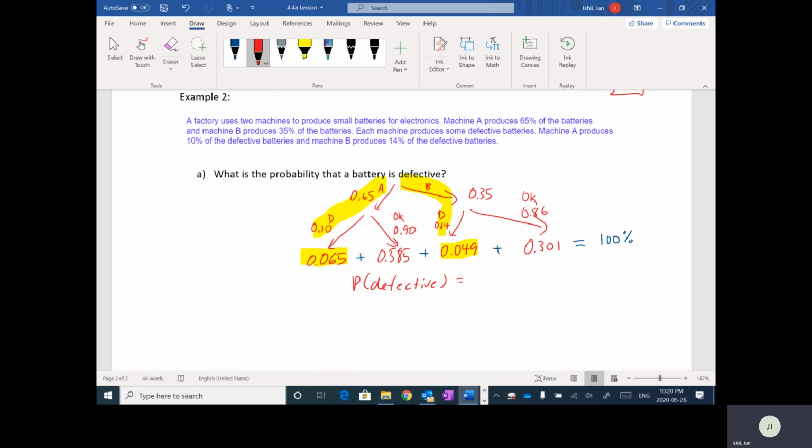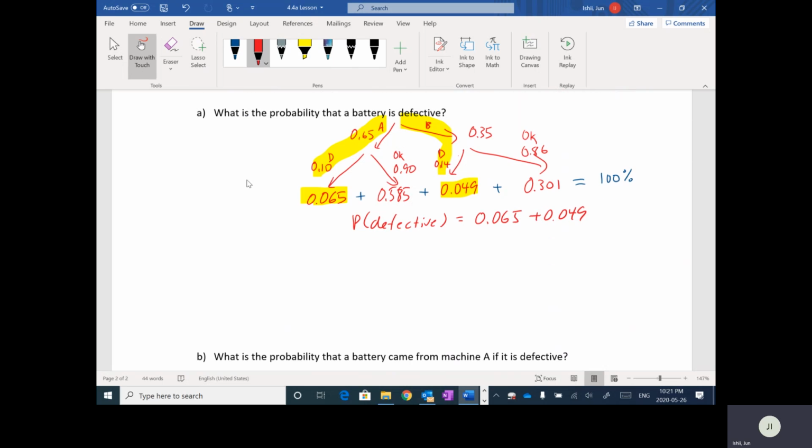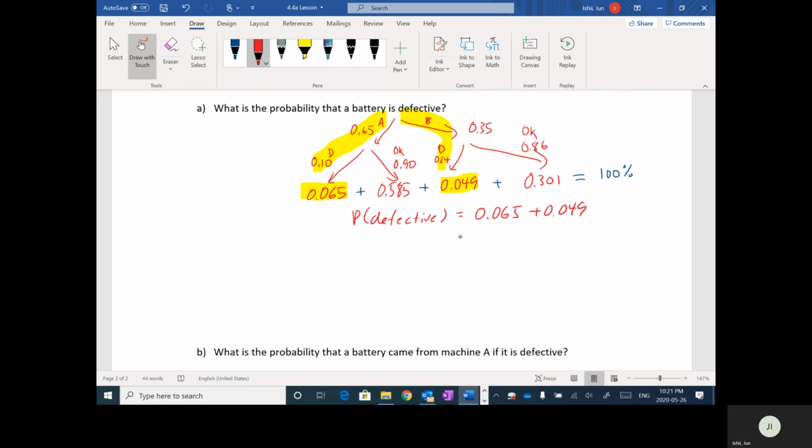this is going to equal 0.065 plus 0.049. Okay, so this is going to equal, if I add that together, please bear with me, 0.114, sorry.